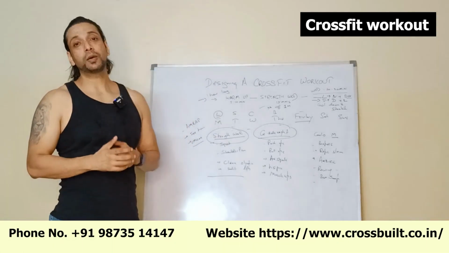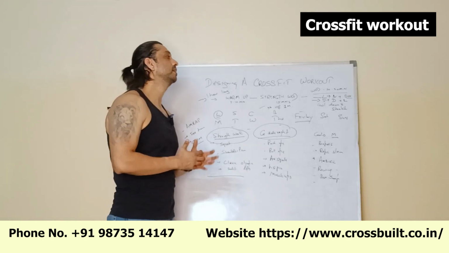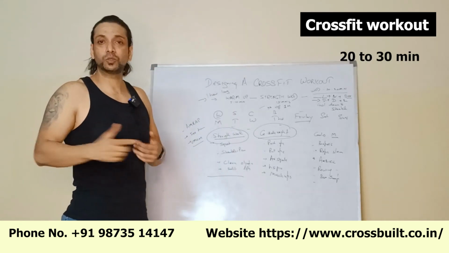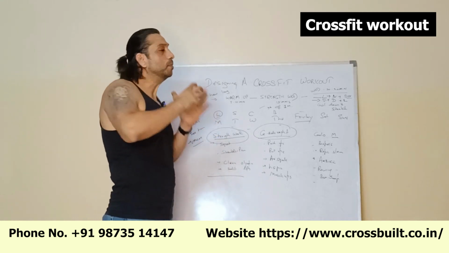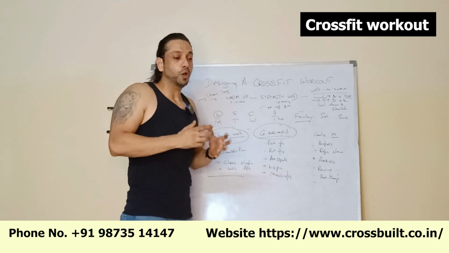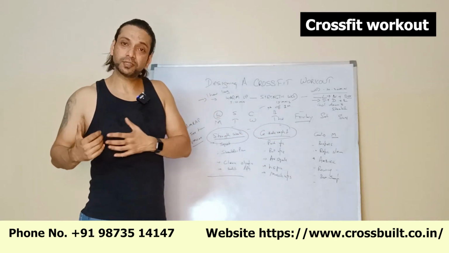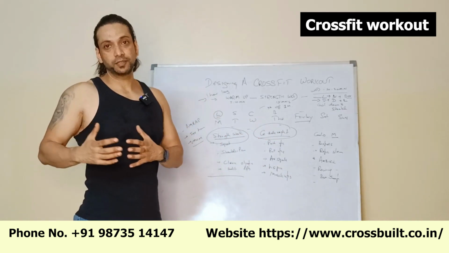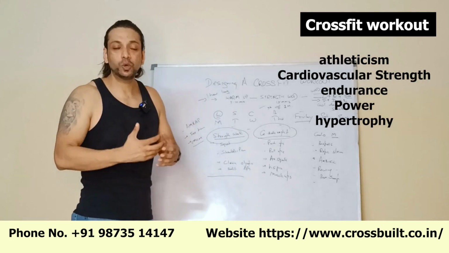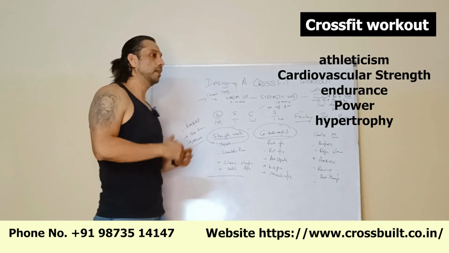Then we would follow it up with another WOD. The last WOD, which would be for anything from 20 minutes to 30 minutes, was a mix wherein we would try to throw in a lot of stuff to develop a lot of fitness aspects in the clients, in the athletes: cardiovascular strength, endurance, power, hypertrophy.